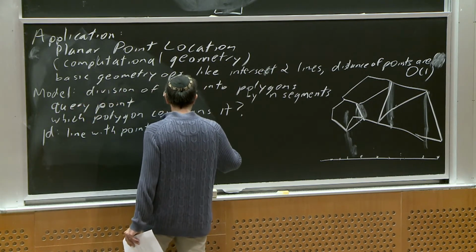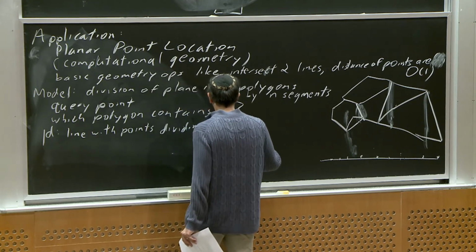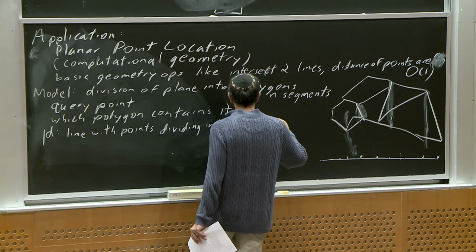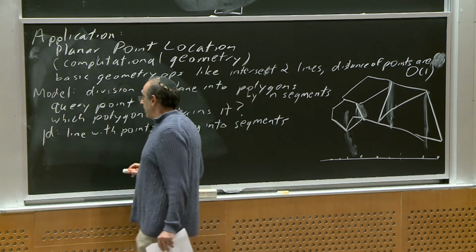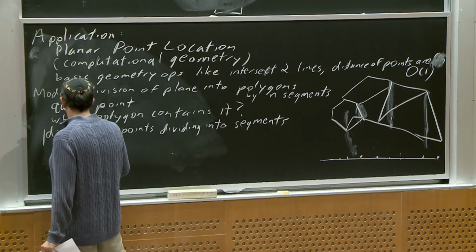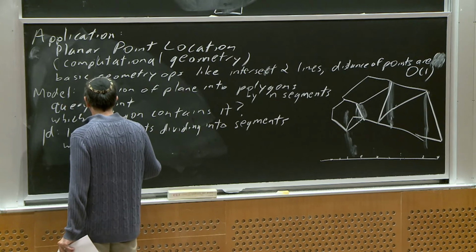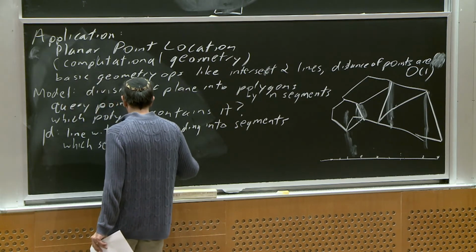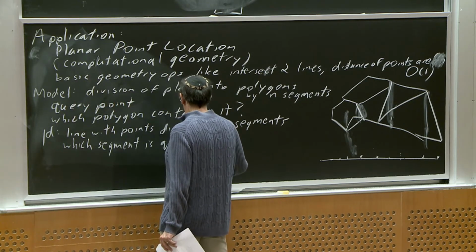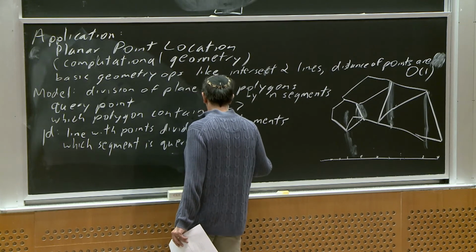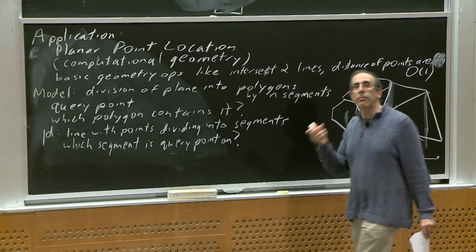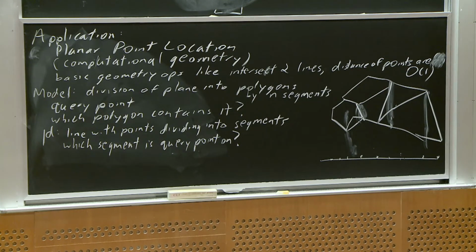So this line with points dividing it into segments, and now I want to know which segment the query point is on. So how do I answer it? What sort of data structure do I use to answer that question?